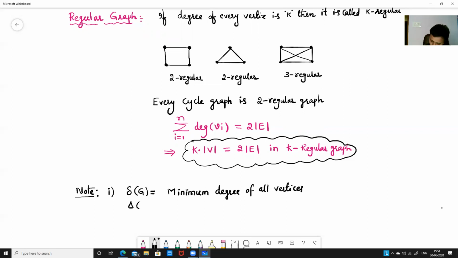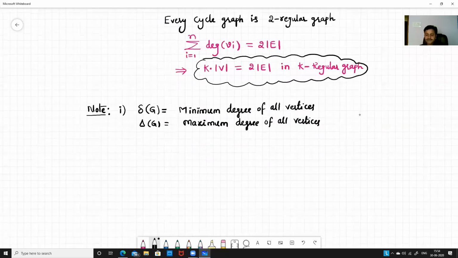And capital delta of G is equal to the maximum degree of all vertices. So these two notations are useful for discussing the remaining definitions.